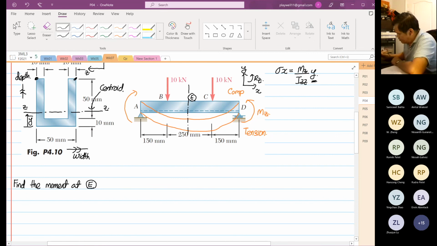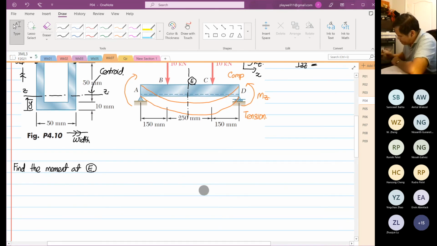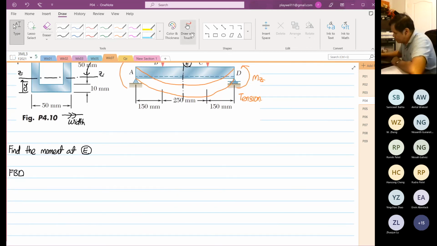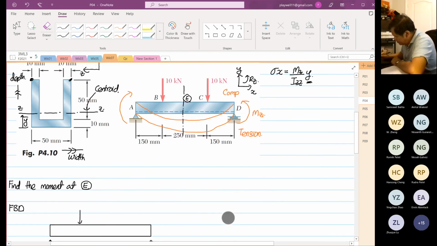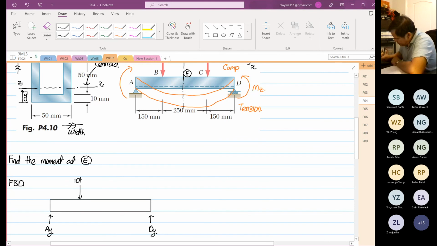So we're going to construct our free body diagram. So we know for a fact that AY, and this is our DY, and over here this is 10 kilonewton. Over here this is 10 kilonewton.